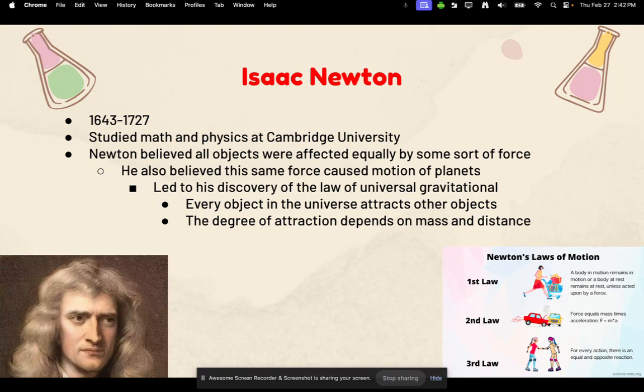Newton believed all objects were affected equally by some sort of force. He also believed this same force caused the motion of planets, and this led to his discovery of the law of universal gravitation. That means that every object in the universe attracts other objects, and the degree of attraction depends on both mass and distance.